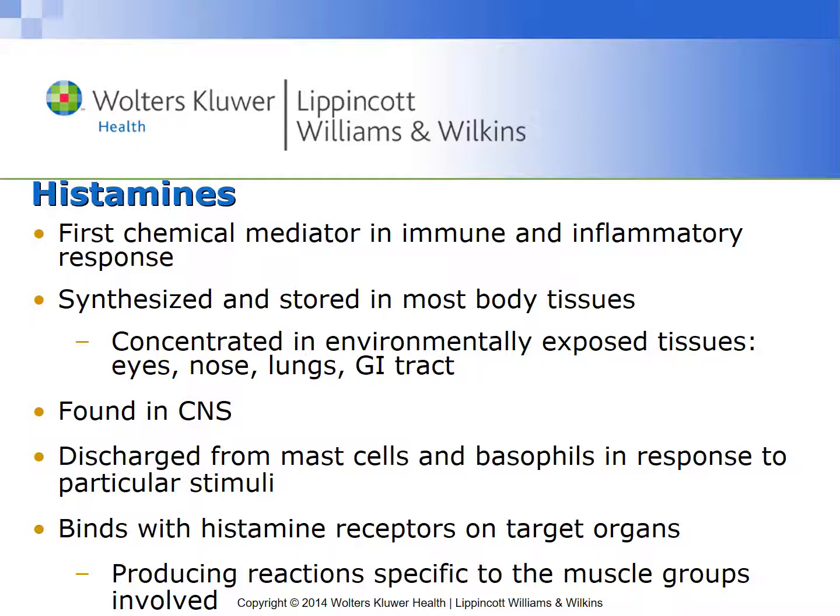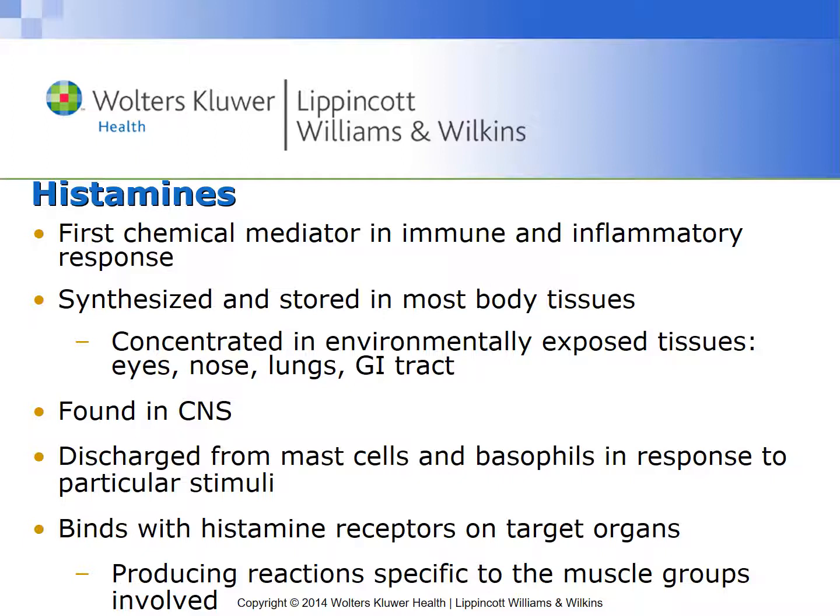Okay, so they're synthesized and stored in the tissue, found in the central nervous system, and they are secreted from mast cells, which are tissue cells surrounding capillaries, and basophils, which are a type of leukocytes, or WBCs. They're also known as granulocytes. But it is released in response to the inflammation, also extreme cold and allergic reactions.